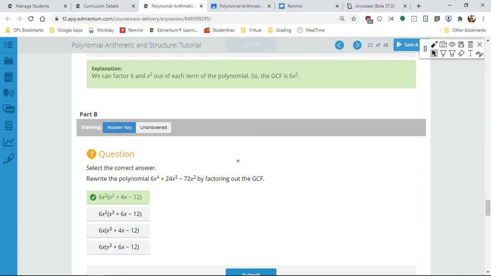This one, when you're factoring it out, the idea of factoring something out is basically division. What is 6x to the 4 divided by 6x squared? This cancels out. The 4, take away this 2, we get x squared.